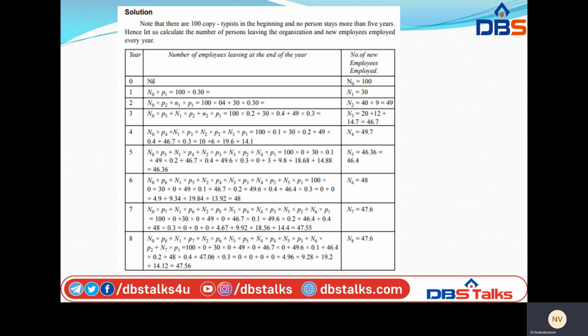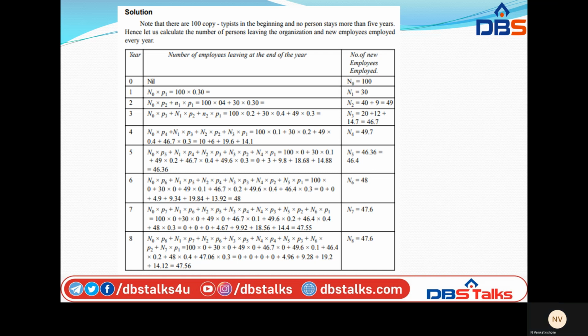Hence, let us calculate the number of persons leaving the organization and new employees employed every year. So, by calculating this, the number of years, the number of employees leaving at the end of the year and the number of employees being employed newly. I mean, how many employees are leaving and how many employees are entering the organization.